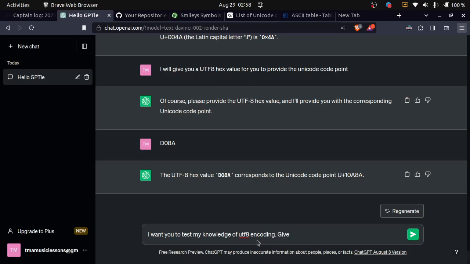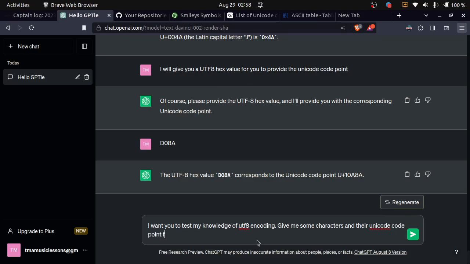Give me some characters and their Unicode code point for me to provide the UTF-8 hex value.